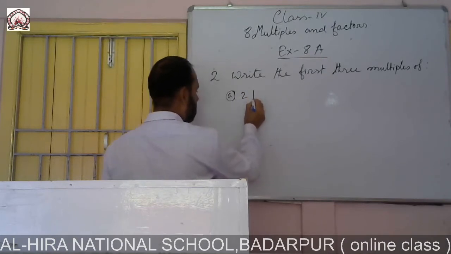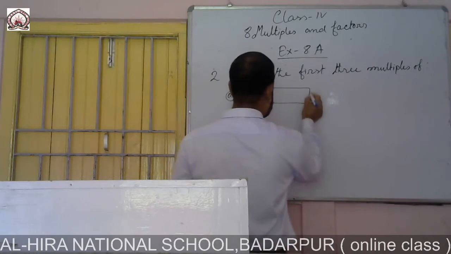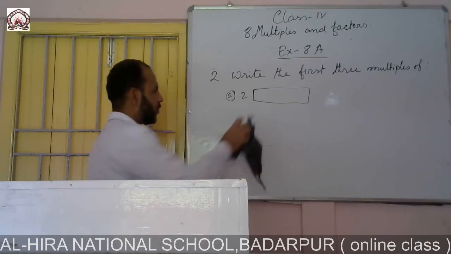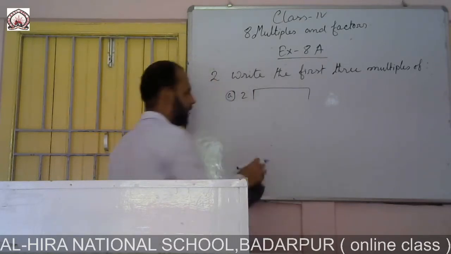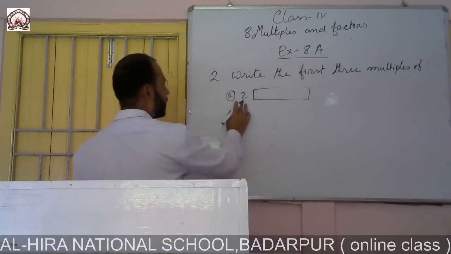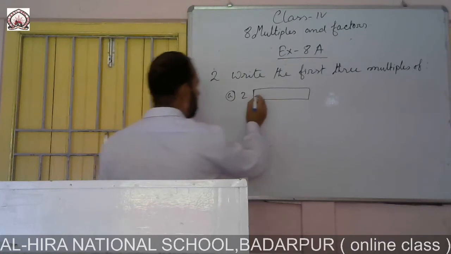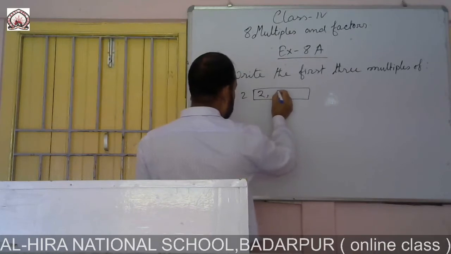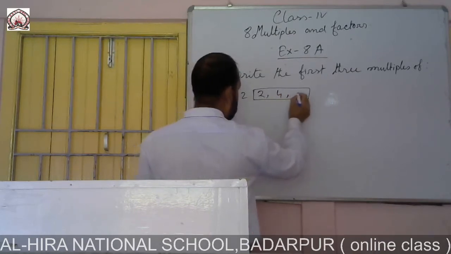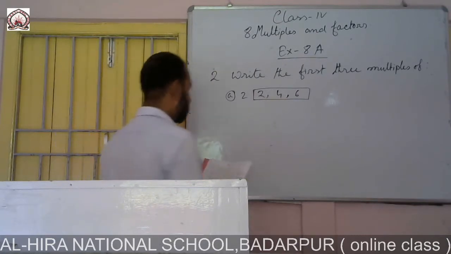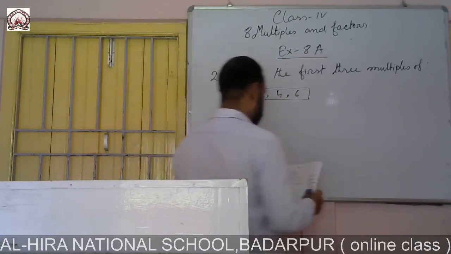It is easy because multiples are nothing, only we recite or write the table of 2. So we can write 2 1 is 2, 2 2s are 4 and 2 3s are 6. So 2, 4 and 6 are the first 3 multiples of 2.